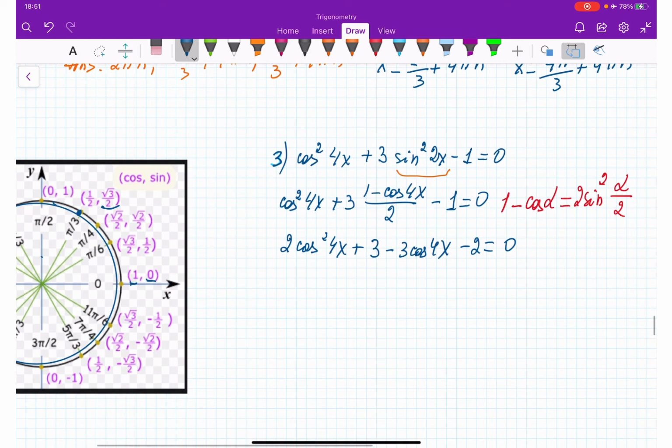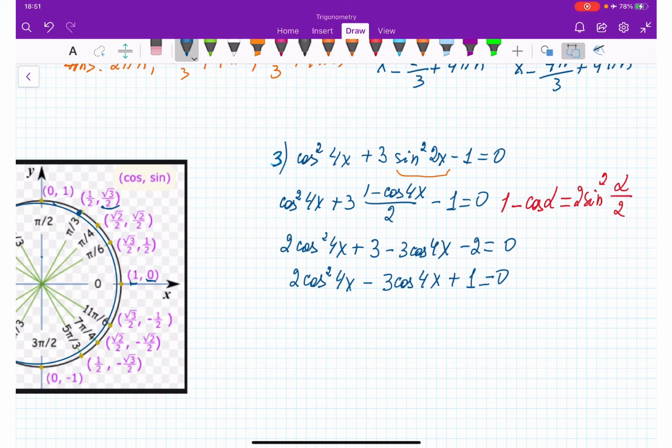Okay, from here, 2 cosine squared 4x minus 3 cosine 4x plus 1 is equal to 0. Look what we got. We got 4x as a parameter, and we have a quadratic equation: cosine squared, then cosine to power 1, and then the free term. So we are going to solve it as a quadratic equation.